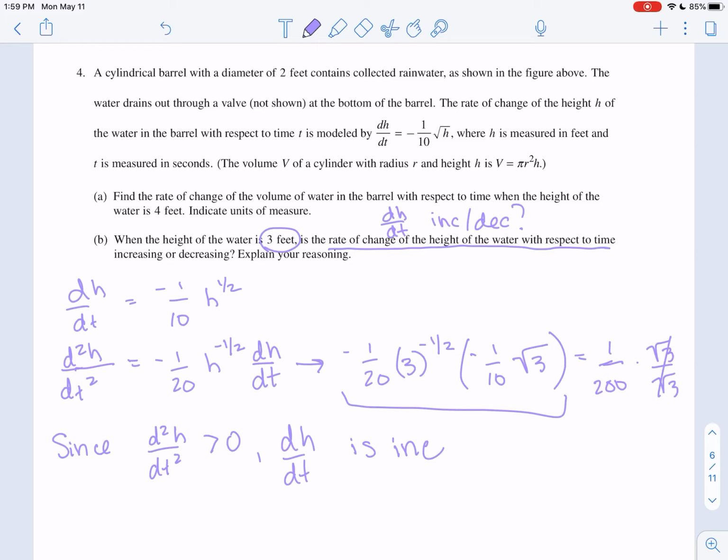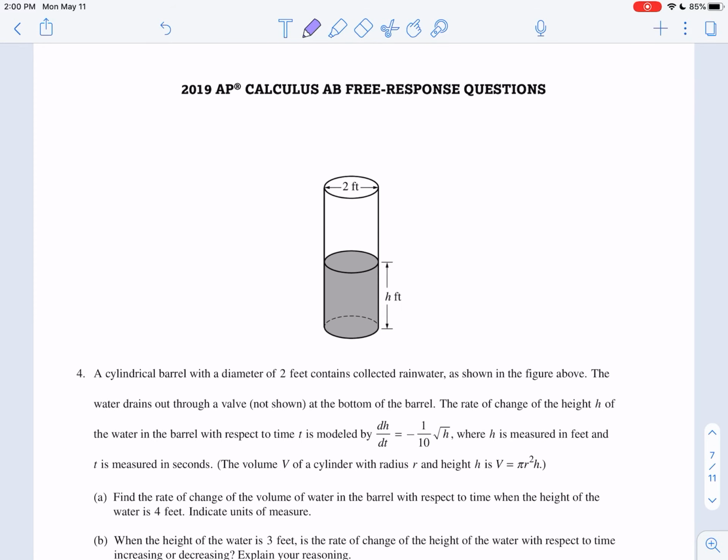This is actually one I graded last year, and very, very few people actually found the second derivative. They just kind of plugged 3 into the first derivative and then said, oh, the rate of change is increasing. Well, if you plug into the first derivative, you're just finding if the height is increasing, and we want to know if the rate of change was increasing, so you need the second derivative in this case.